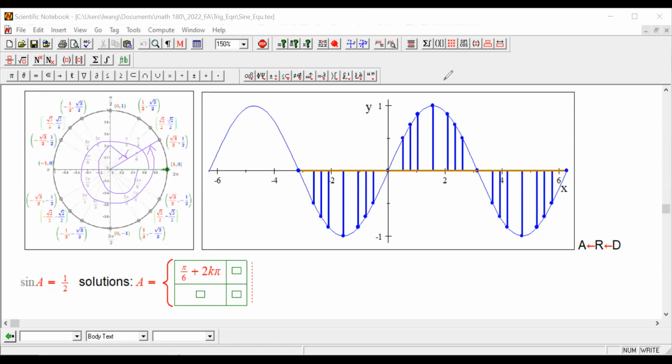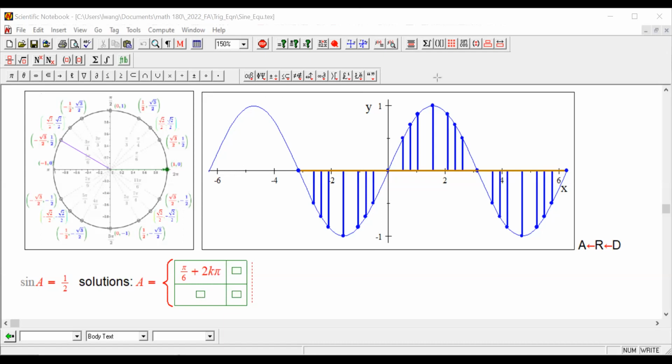So now let's look at the other terminal. Remember, the solutions are angles. Angles are measured from standard position, counterclockwise or clockwise. So now we have this terminal, and there are many ways to express this angle.